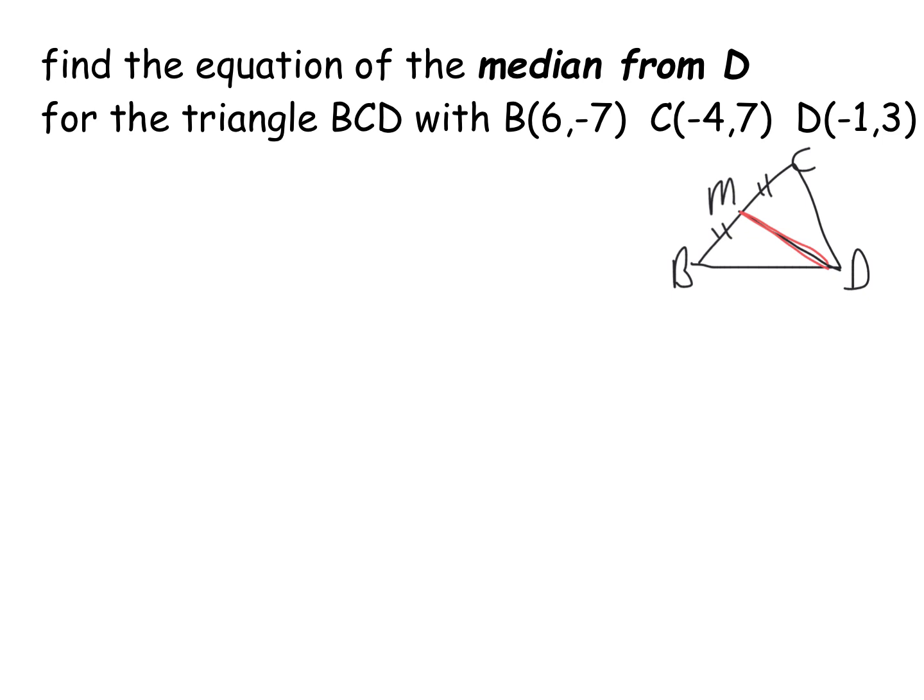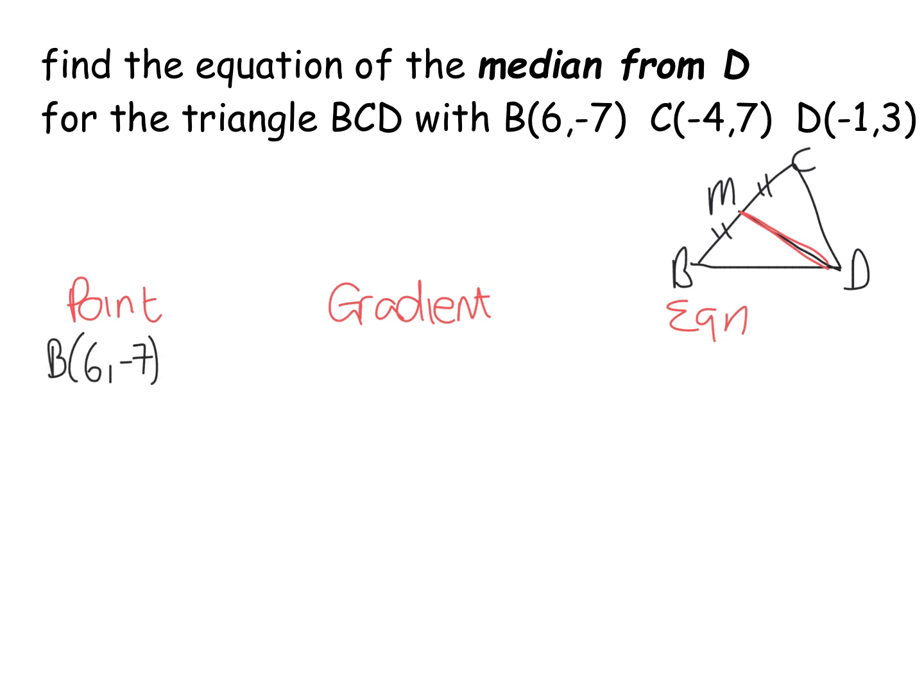So my little reminder for myself again is we're going to write out point, gradient, and equation, and I'll just write EQN for short. Right, the point will be our midpoint from my little triangle, so you know which coordinates to use. There are so many candidates we see use the wrong coordinates, but the triangle helps. If it's coming from D, we're finding the middle of B and C. So I'm going to write out my coordinates B and C, so I'm looking at them here. So -4, 7.